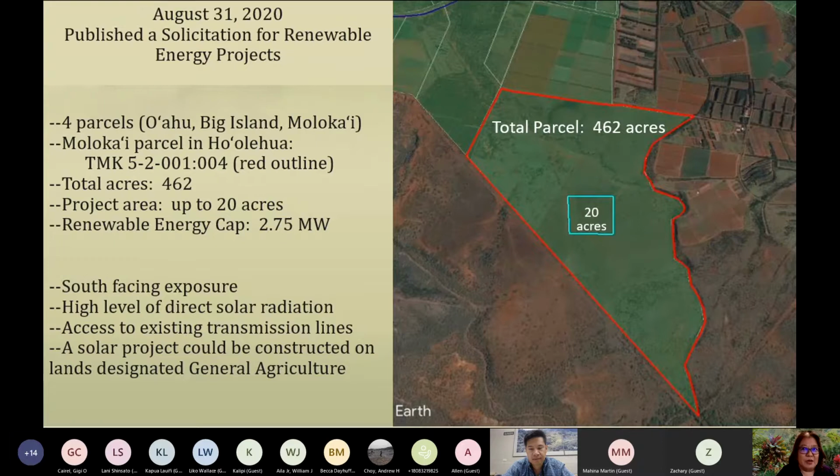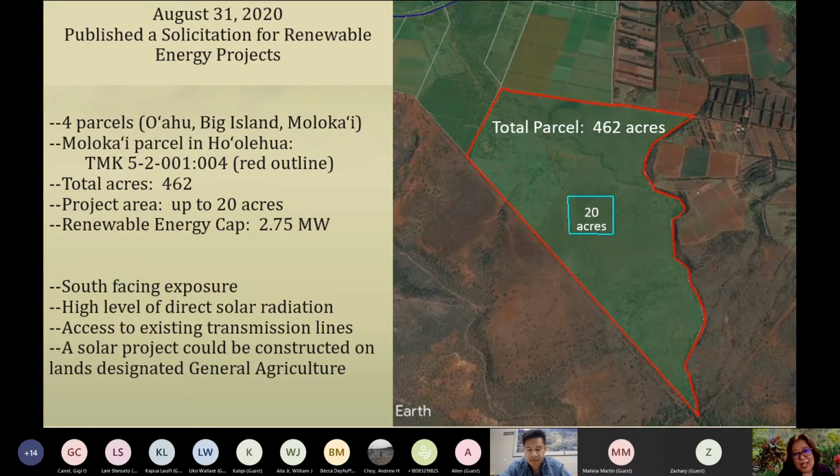We're looking at this parcel because it is a south-facing parcel, which means that there's high potential for solar energy. The solar radiation maps indicate that this is a good area. And there's some access to transmission and distribution lines right nearby the parcels, so that's a good thing.